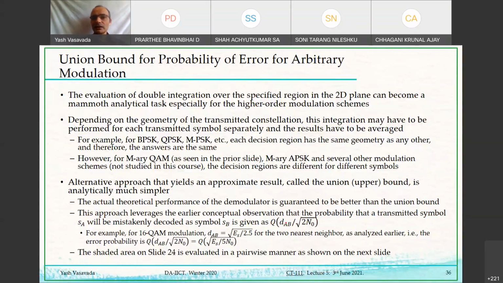And remember, we want to define it in terms of symbol energy, because otherwise there is no design parameter that we are relating our performance to. That formula we have already derived earlier. And so if I plug it in, the pairwise error probability becomes Q of the square root of Es divided by 5 N0. So does it make sense where this Q of the square root of Es divided by 5 N0 came from?